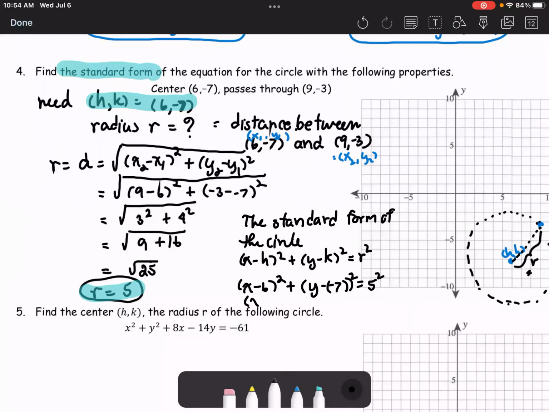And then we write it as (x minus 6) squared plus (y plus 7) squared equals 25.